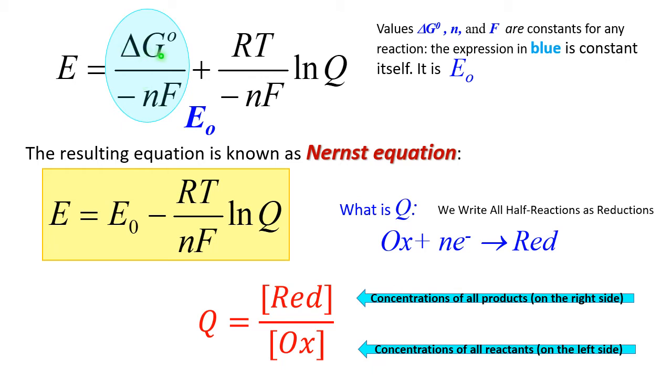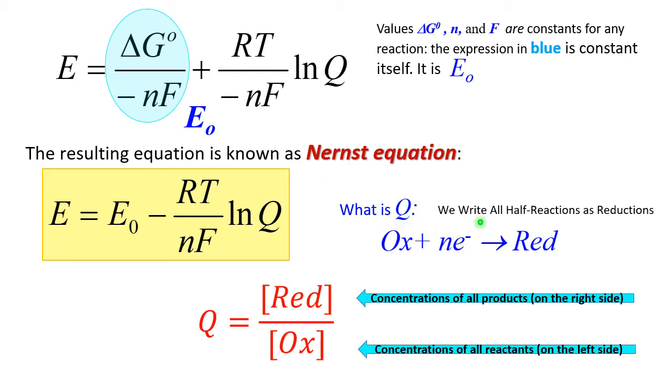Next, let's look at what happens. The first term is delta G0 divided by minus NF. Now, this is simply E0 from our previous consideration. So we can write E equal to E0 minus RT by NF ln Q. This equation is known as the Nernst equation after Walter Nernst.